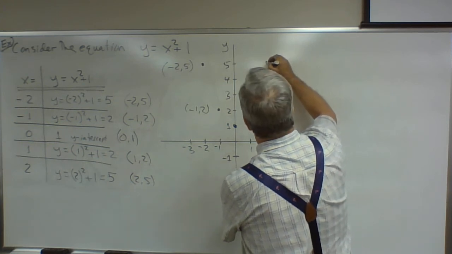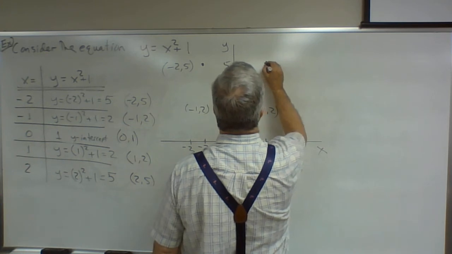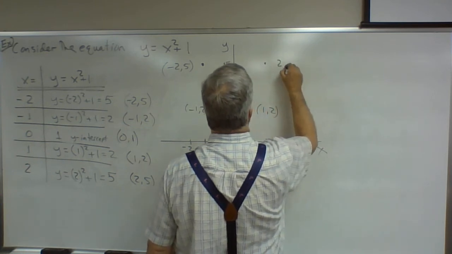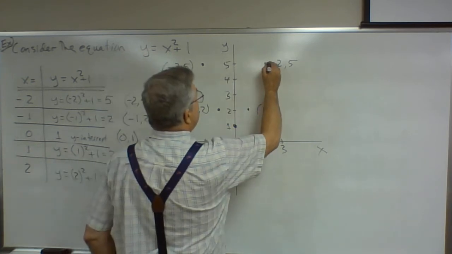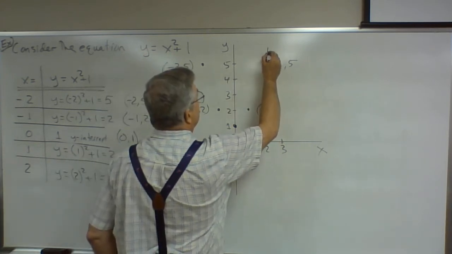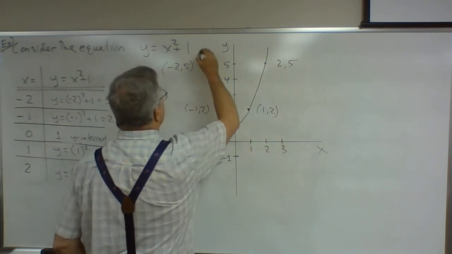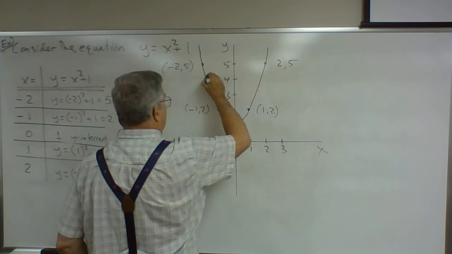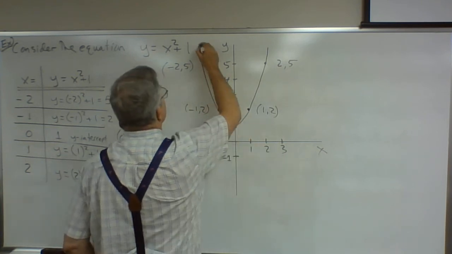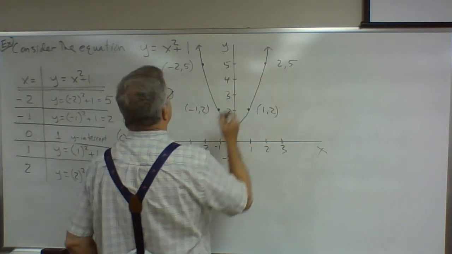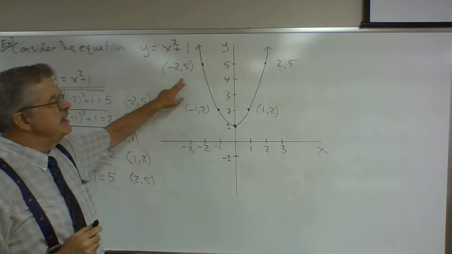And here's y equal 5. Do I like that? And I just connect the dots. And that's pretty much what the graph of this equation looks like.